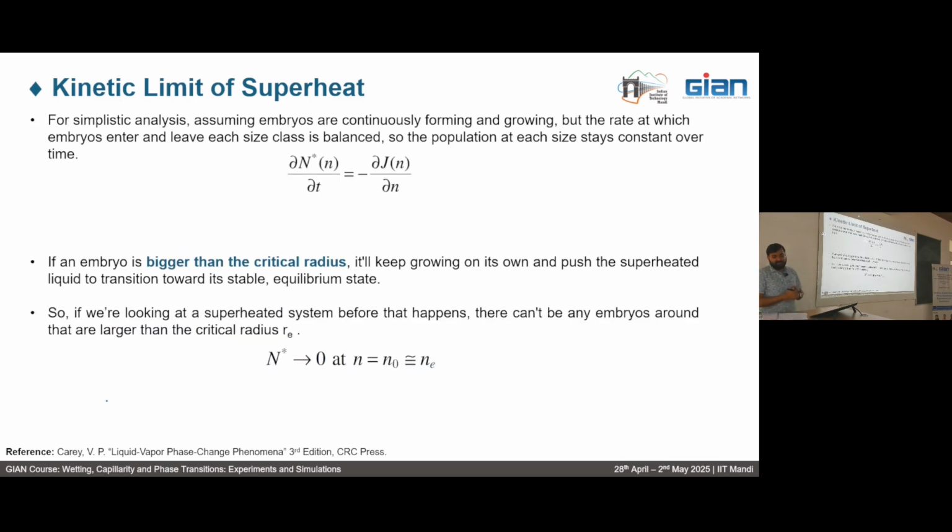Now, to keep our analysis simple, we can assume that the embryos are continuously forming and growing, but the rate at which embryos enter and leave each size class is balanced. It means that this term would be 0, so that the population stays the same for each class of embryo size. So we put it as 0, and we get Jn is a constant.